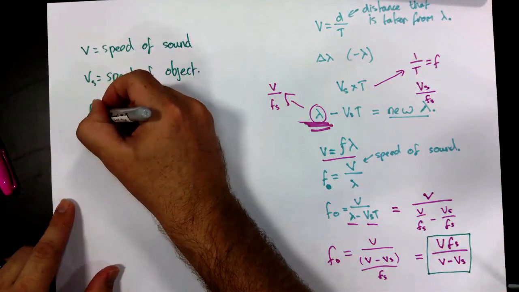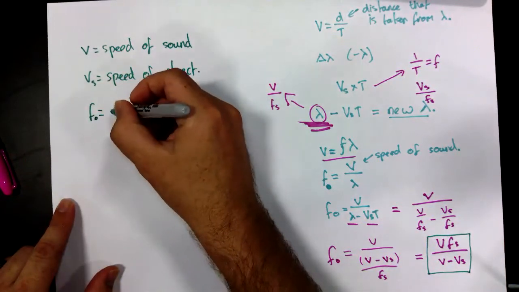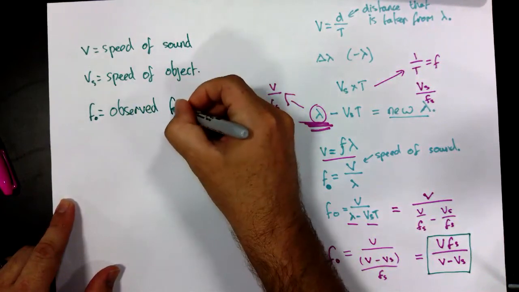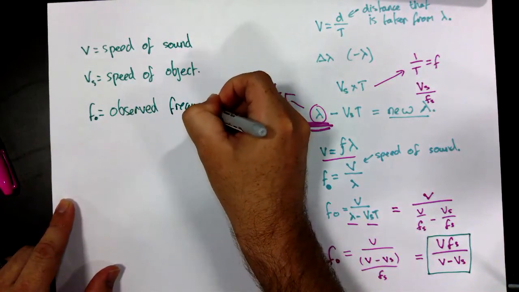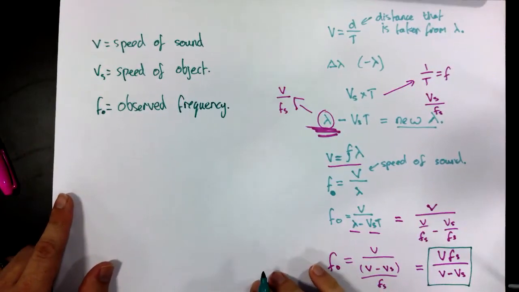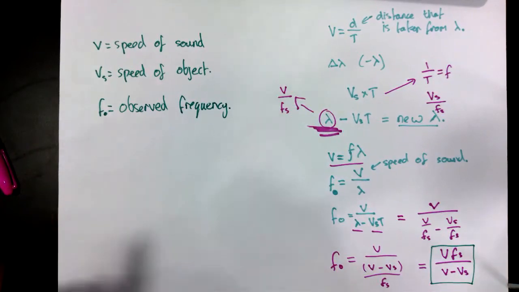So Fo, what we're looking for, Fo is the observed frequency. It's the frequency you observe as the observer of that object moving.